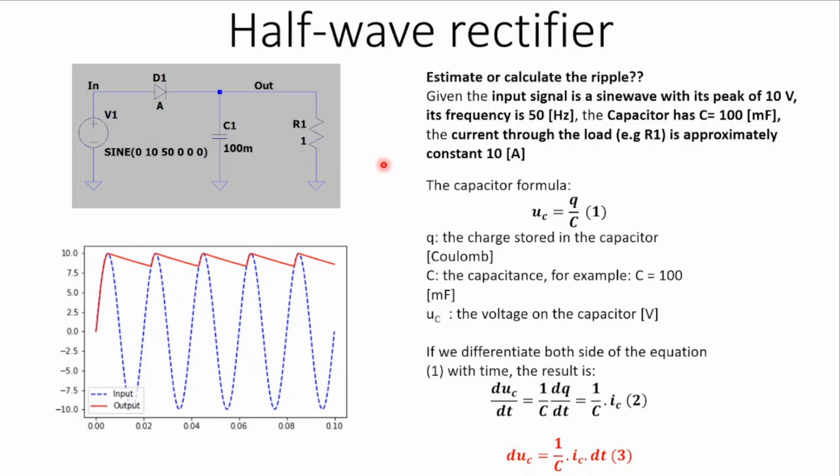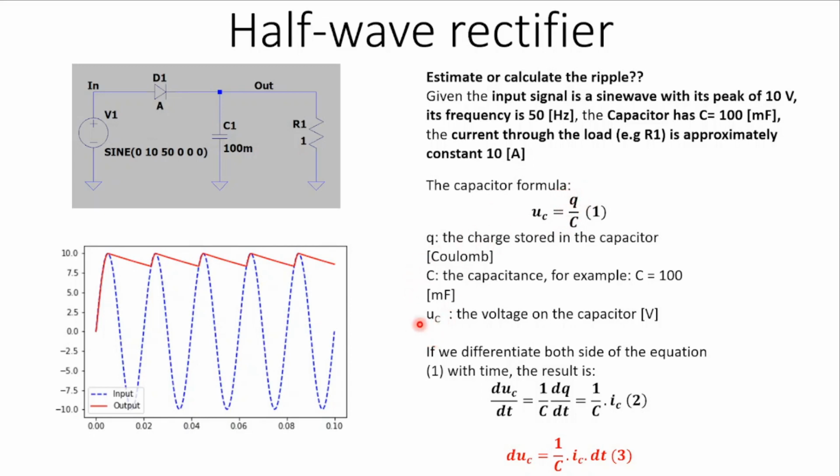So, in order to calculate the ripple, our main focus should be the capacitor and how the capacitor works. This is a very popular formula of the capacitor, where the voltage on the capacitor times the capacitance equals the charge on the capacitor.